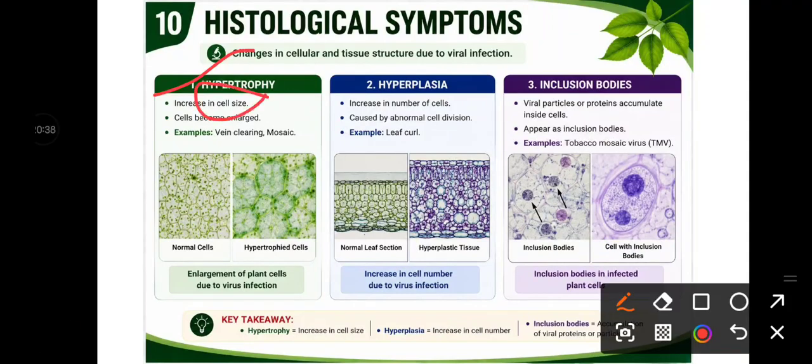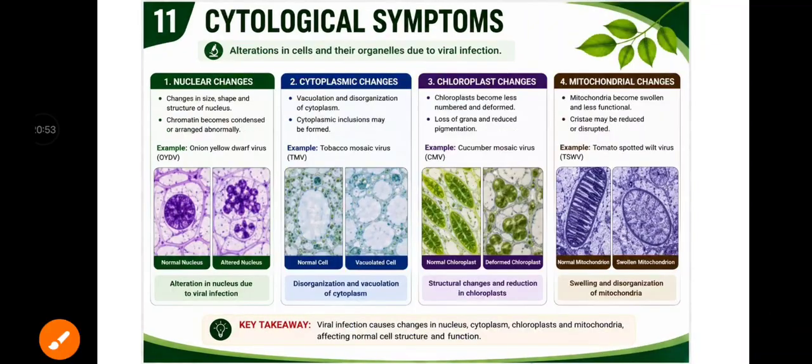Hypertrophy is due to cell enlargement, and hyperplasia is due to an increased number of cell divisions. Already I have discussed this. Then the inclusion body, this we will discuss in the cytological part.